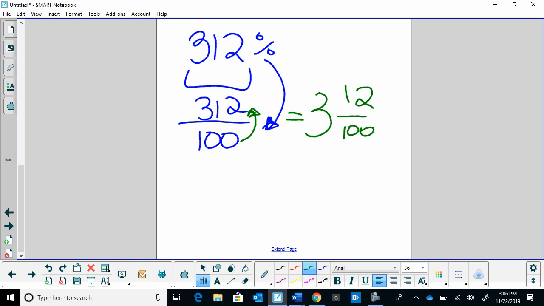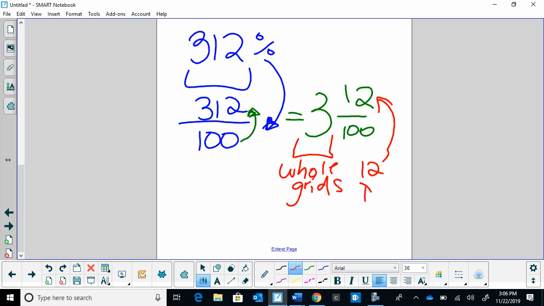What that mixed number is telling us is that this 3 is the number of whole grids that I need to color in. And then I would need one more grid, and I would color in 12 pieces. So this is no longer fractional, but I need whole grids.